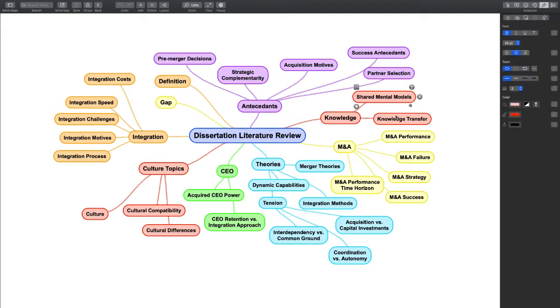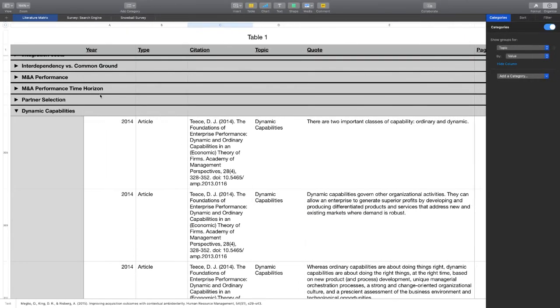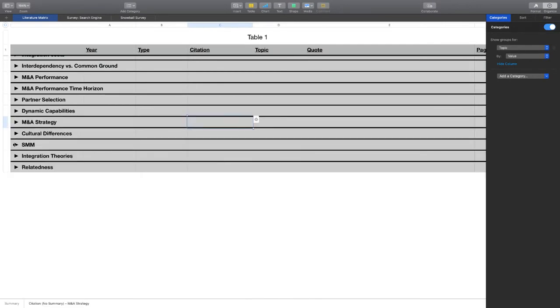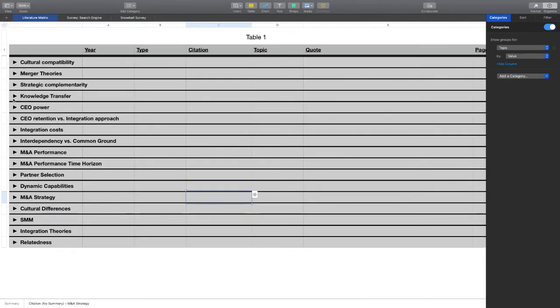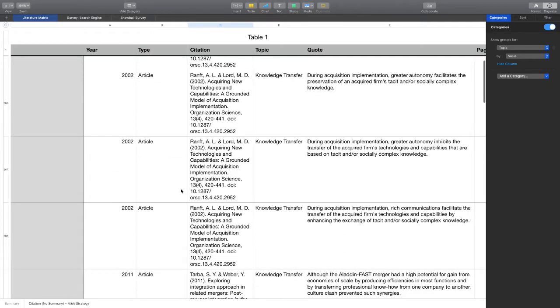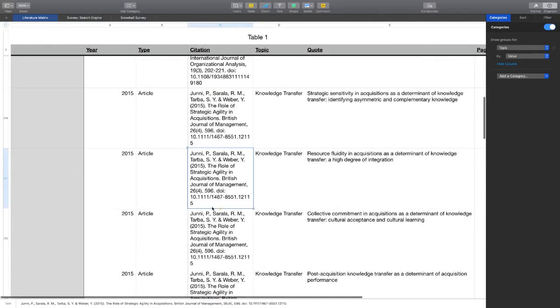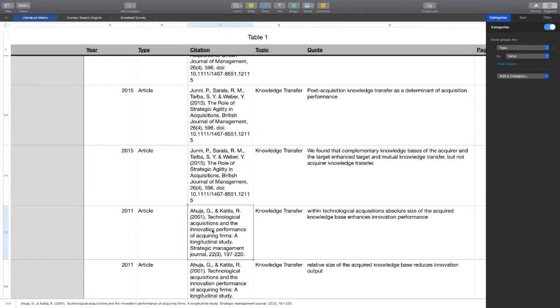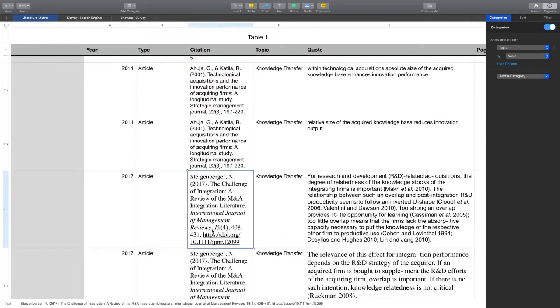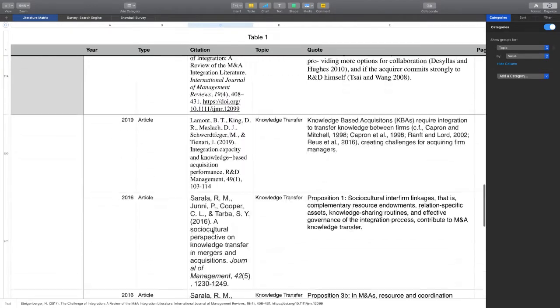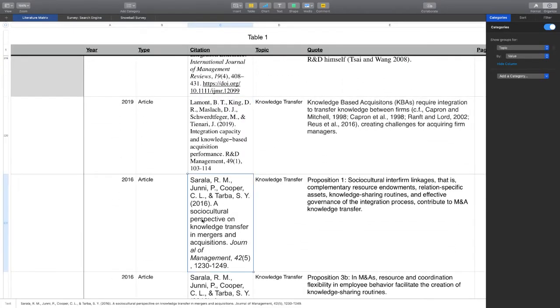Again, talk about knowledge. Let's talk about knowledge transfer. If I'm writing the section on knowledge and the subsection on knowledge transfer, piece of cake. Come over here, look at my knowledge transfer section, and boom, I have all this material that I've already pulled out. A lot of it was Ranft and Lord, but here's Tarba and Weber, Juni and Sarala, Ahuja and Katila, Steigenberger, Lamont.